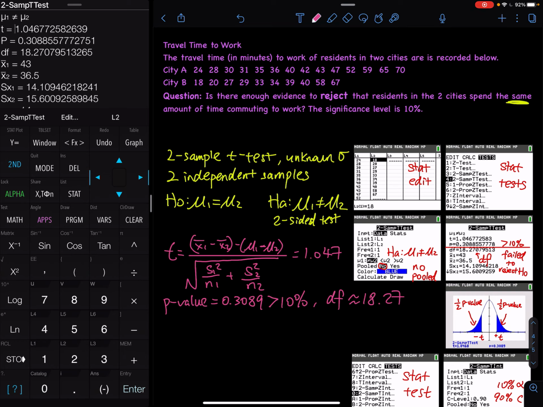Okay, so since p-value is greater than alpha, what do we say? When p-value is greater than alpha, then we fail to reject the null hypothesis. All right, so let's type this up.